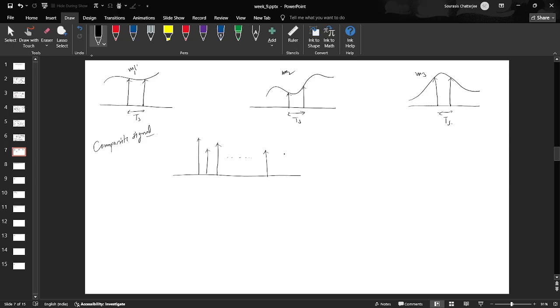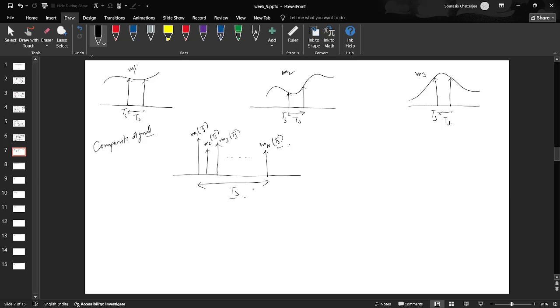So let's talk about the Ts instant. This is Ts, this is also Ts, this is also Ts. So this one here is M1(Ts), this one here is M2(Ts), this one here is M3(Ts). Similarly, there are n such things, Mn(Ts). Now the interesting thing about the composite signal is that the entire window here has the interval Ts. Why is it so?